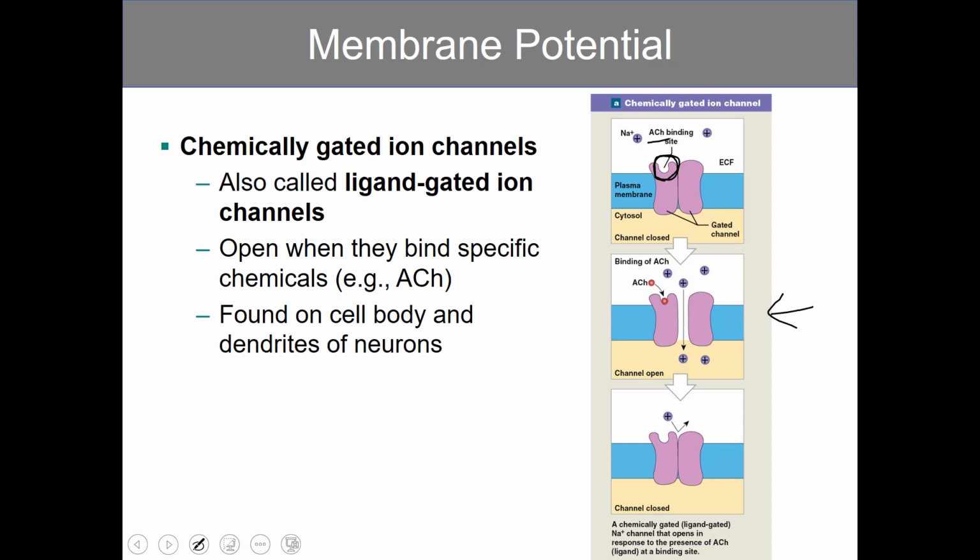When ACh is not present, as we have down here at the lower part of this image, it is closed. So chemically gated ion channels require some type of key. And in this case, the key is a chemical, and the example that we used was acetylcholine. So this is found on cell bodies and dendrites within neurons.